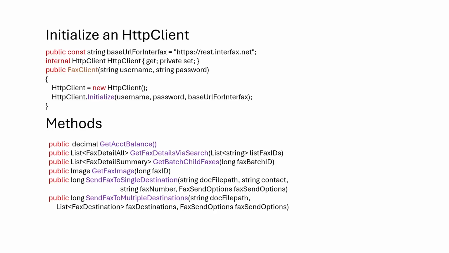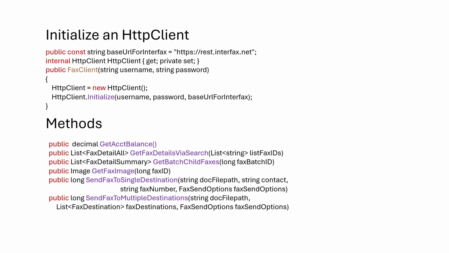Here you see how the constructor initializes an HTTP client to use in Ken's library. And you also see the methods that the library supports. Basically just enough methods to send a fax, get details about faxes that you send, such as whether they were successful or finished.